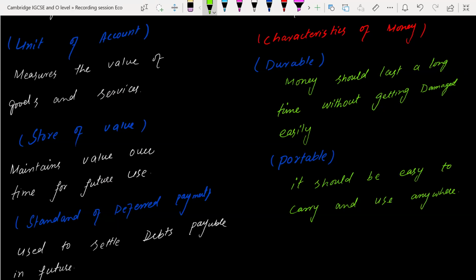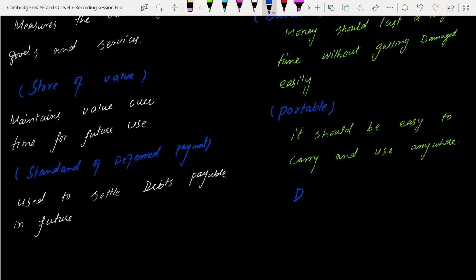Next, it can be divisible, means it can be split into smaller parts like coins and notes for different prices.